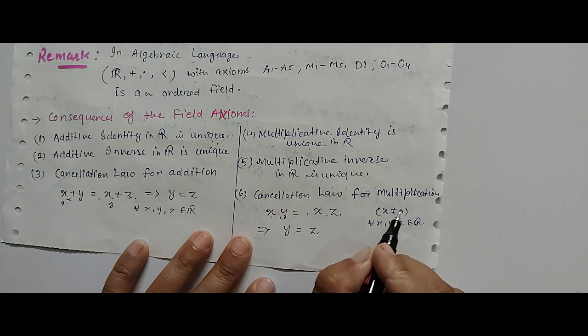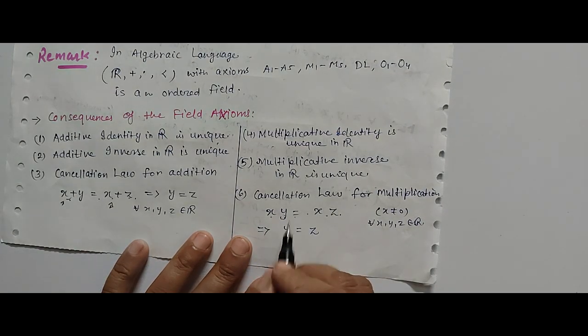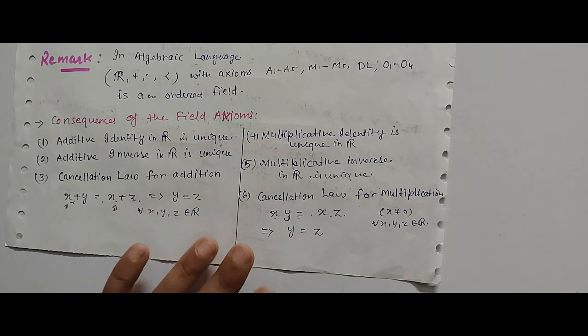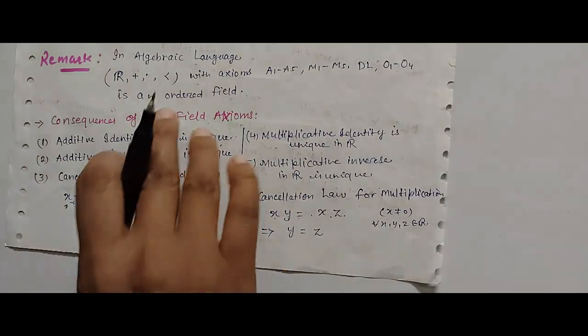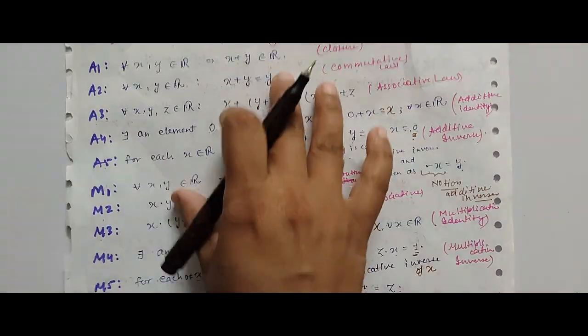With this condition, if x is not 0, we can cancel x and it will give you the result y is equal to z. We use this cancellation law very frequently, but now you understand why we can use it: because of the field axioms.